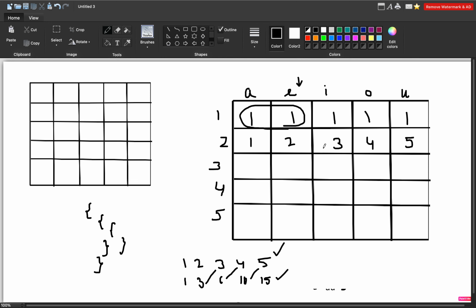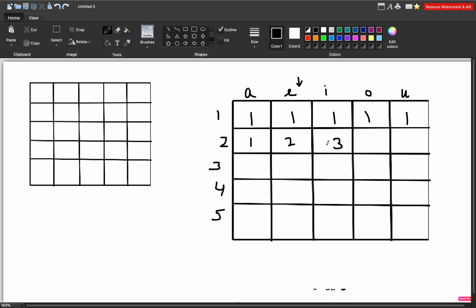Similarly, what we will be doing here is taking help of the prefix sum concept. So yes, let's do that. Similarly, ending up till e, it will be 1, but we have to store the previous total also.